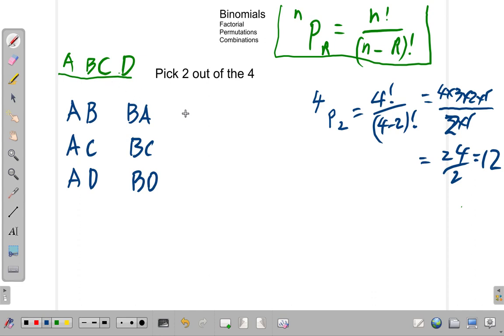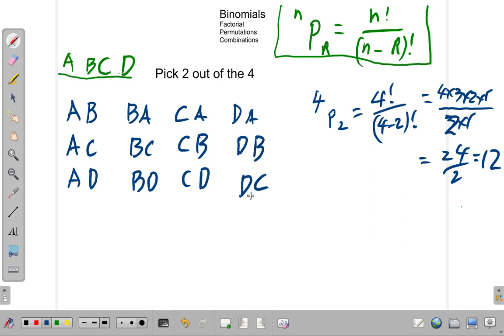What about choosing C first? We would have C then A, C then B, or C then D. So that's what happens when we choose C first. What about choosing D first? We would have D then A, or D then B, or D then C. That happens when you choose D first.